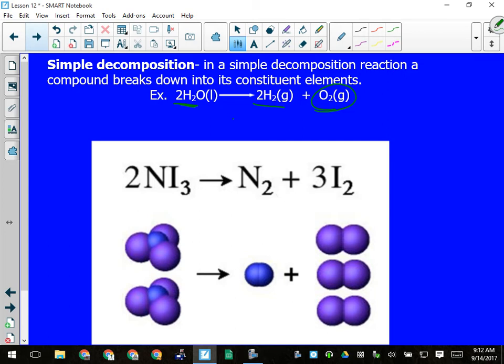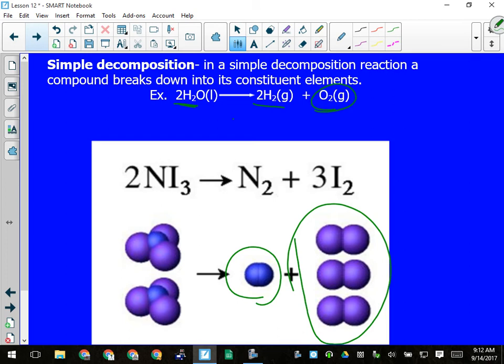All right, and another example here of a decomposition reaction. So I've got nitrogen triiodide, and it's breaking down into nitrogen gas, which is a diatomic, and iodine, which is also a diatomic. So I get these 2 molecules breaking down into 1 molecule of nitrogen and 3 molecules of iodine. But again, you can see that this equation is balanced.